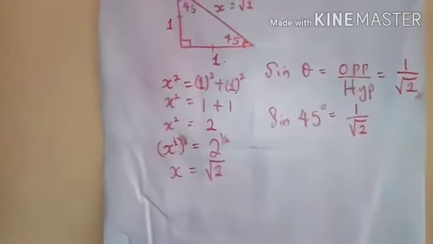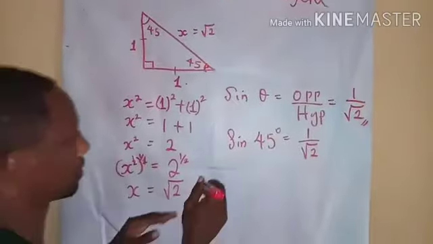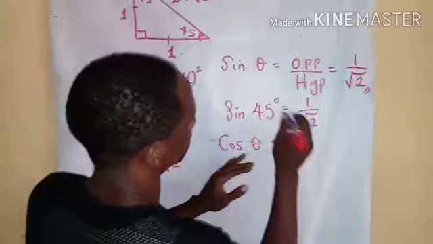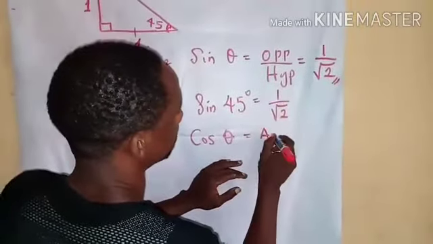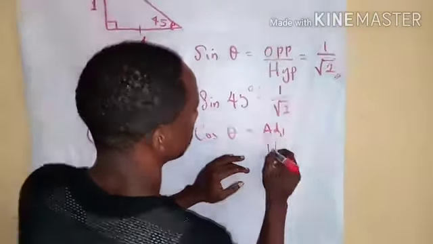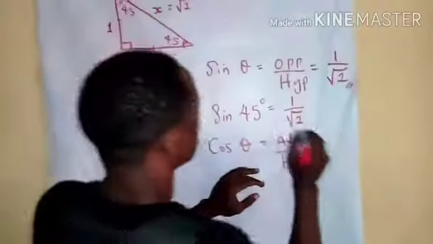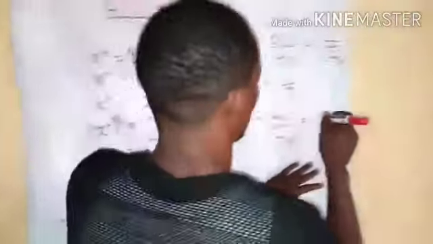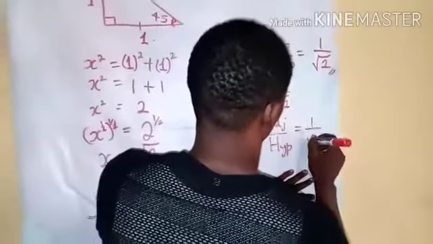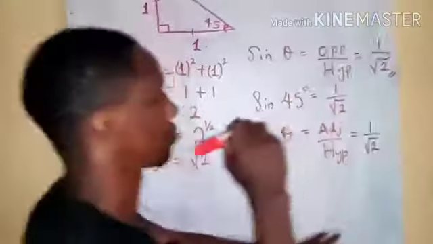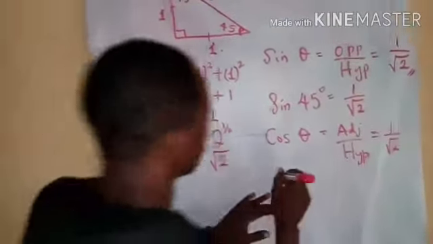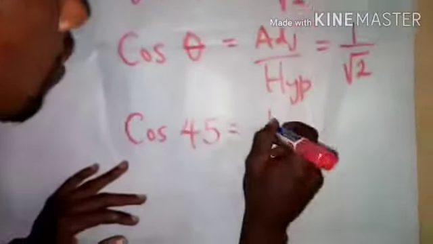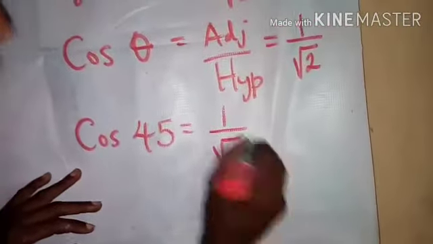If we have to get our cos, cos theta is the same as adjacent over hypotenuse. What's our adjacent from here? Adjacent is 1. Hypotenuse is what? 1 over root 2. So that means our cos 45 equals 1 over root 2.